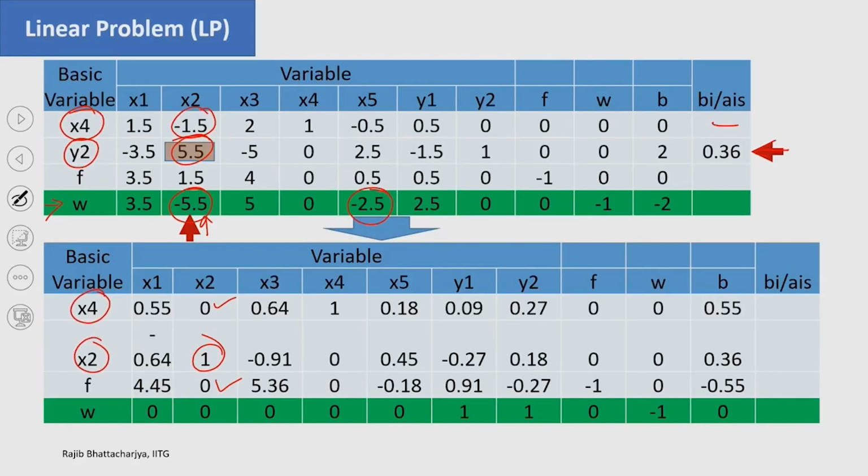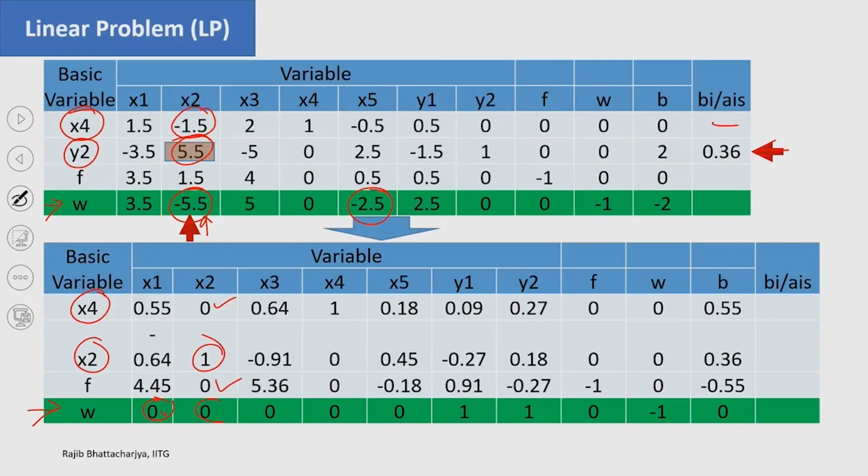And you see now x 2 is here and x 4 is already there. So, y 1 and y 2 are not there, and if you look at the objective function rho, that is the phase 1 objective function, w equal to y 1 plus y 2, there is no negative coefficient, all coefficients are positive. So, that means that you cannot minimize this one further.